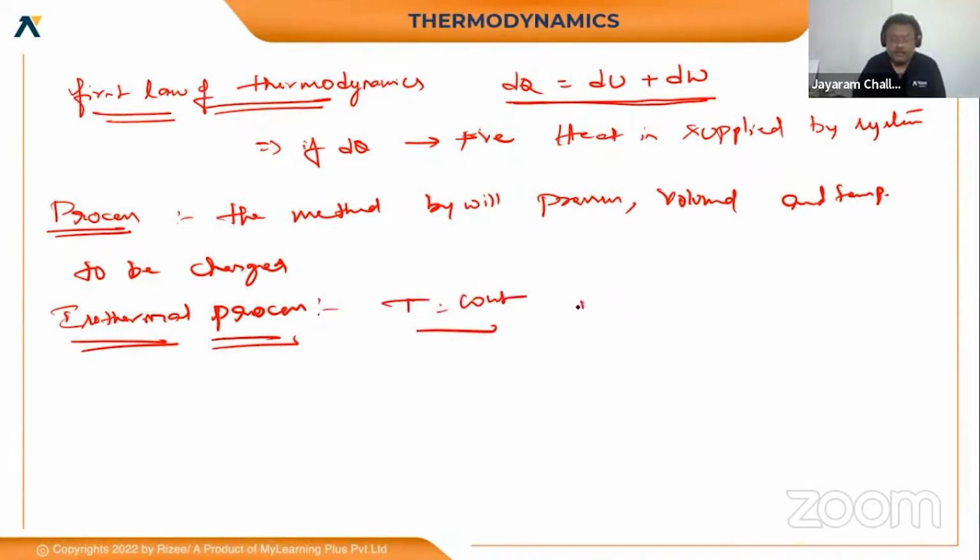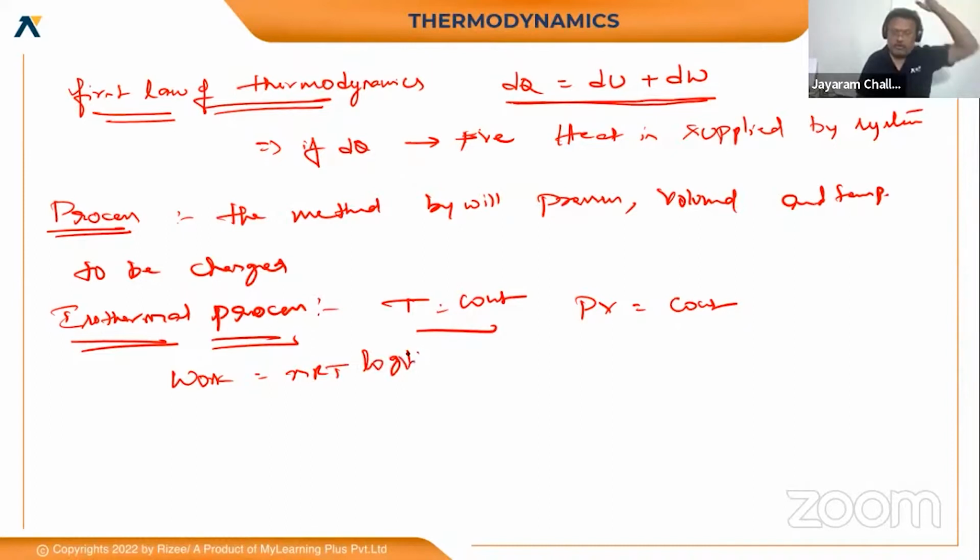So since temperature is constant, PV is equal to a constant. Now in this case, what are the other parameters we can write for an isothermal process? The work done under the isothermal process, on solving, you will get W equal to nRT into log of V2 by V1.